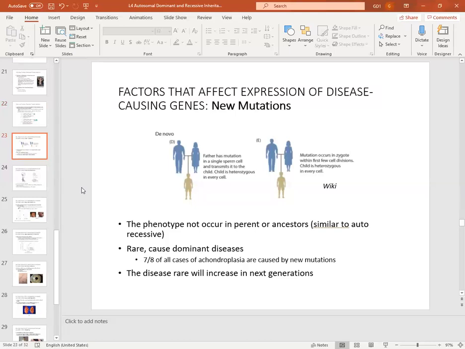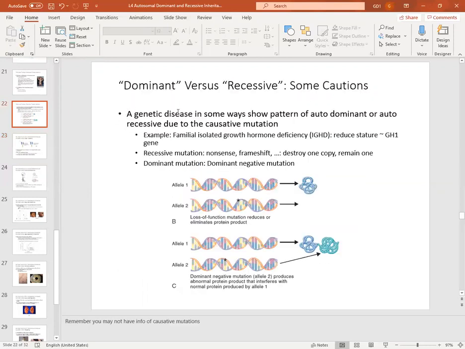Okay, so this is a summary of dominant and recessive. You just know about recessive inheritance and dominant inheritance in the autosomal case. But life is not that beautiful, because that's just in the book.